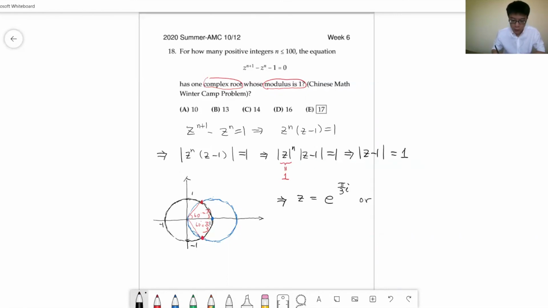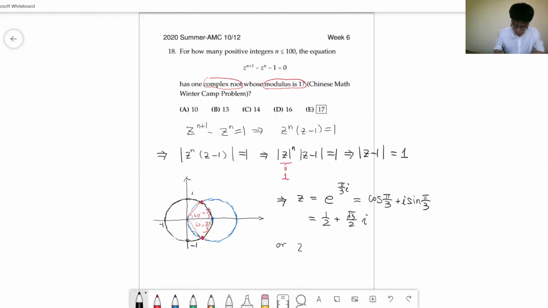Let me write more details. This is cosine pi over 3 plus i sine pi over 3, which is 1/2 plus root 3 over 2 i. This is one choice.